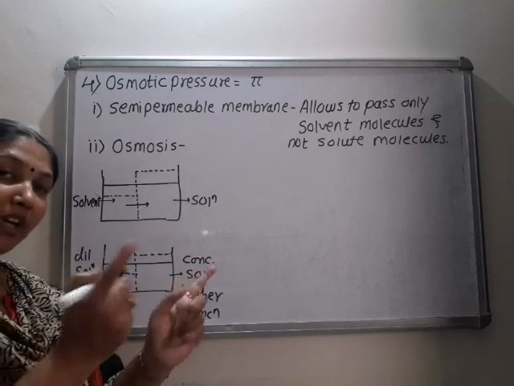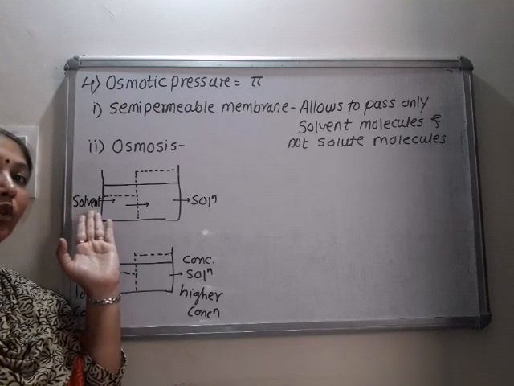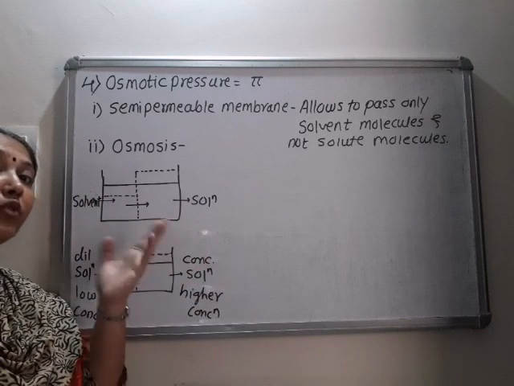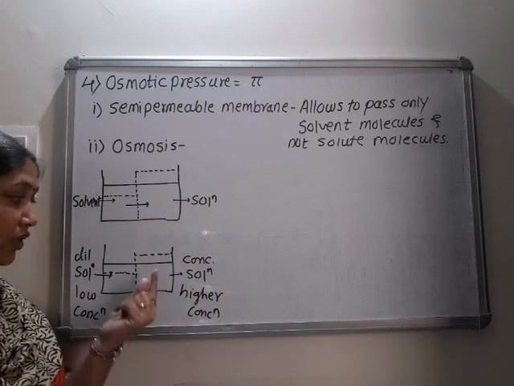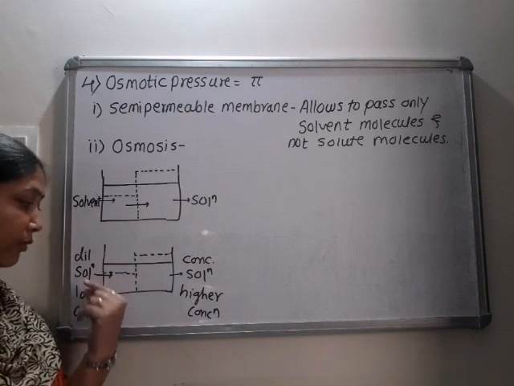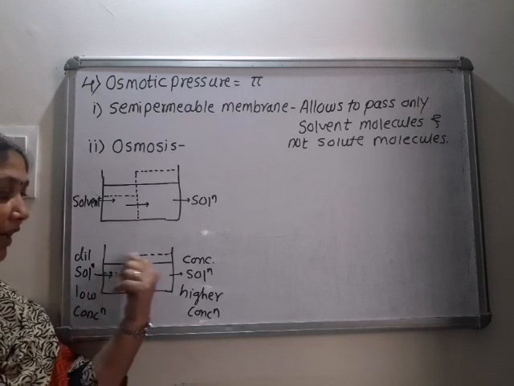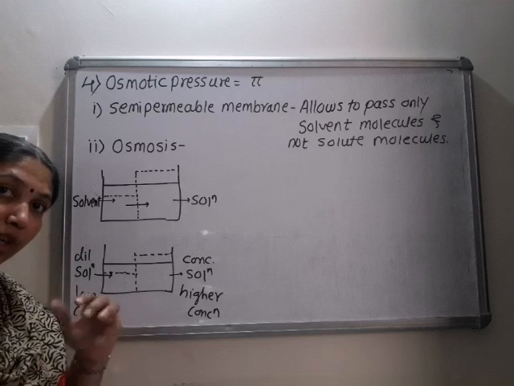In both the compartments, solvent particles are exchanged. Solvent from this may enter into this, and solvent from this may enter into this. But the rate of movement of solvent into solution is higher. In this case also, solvent from this side may enter here through the semi-permeable membrane.